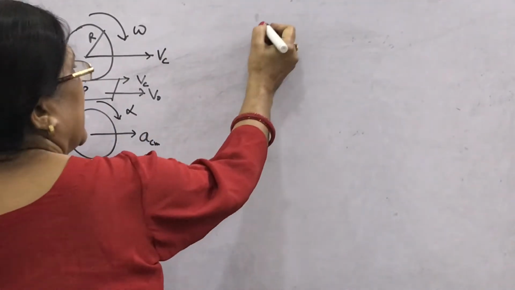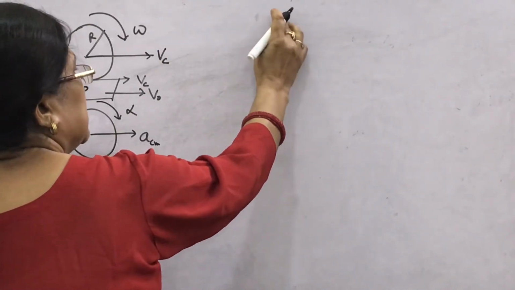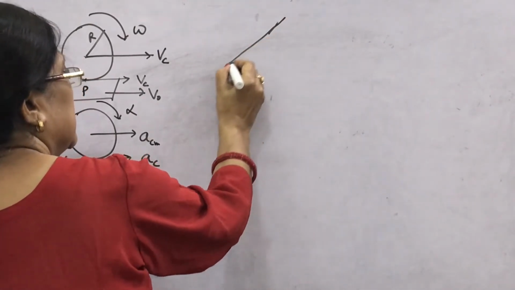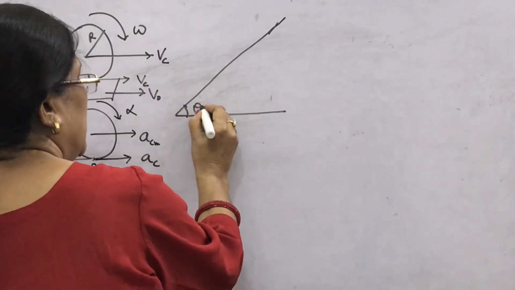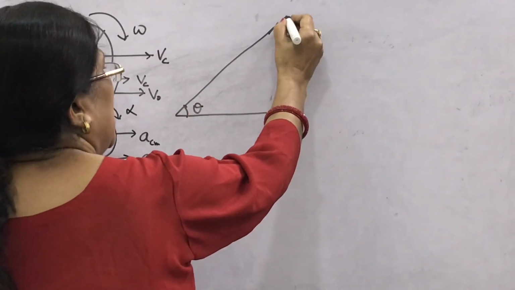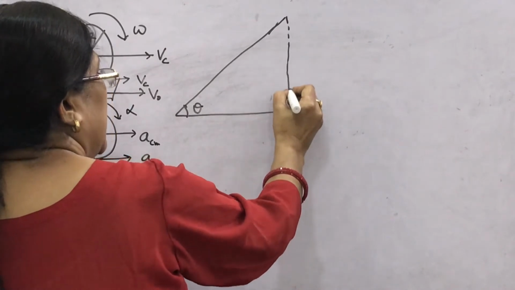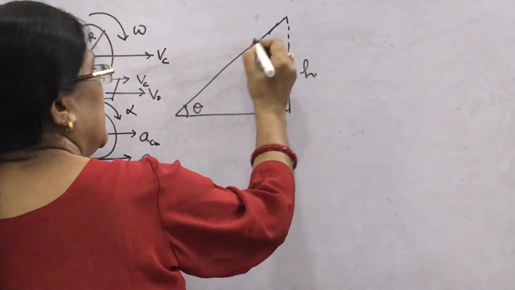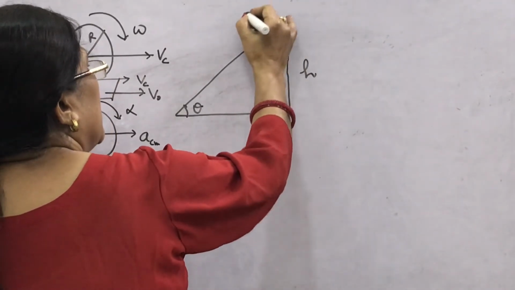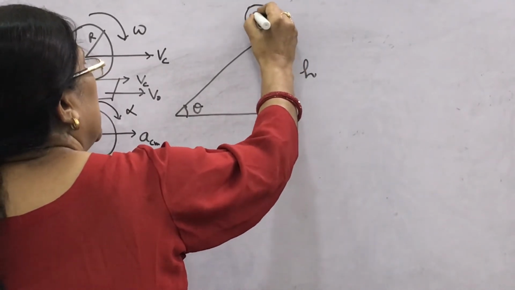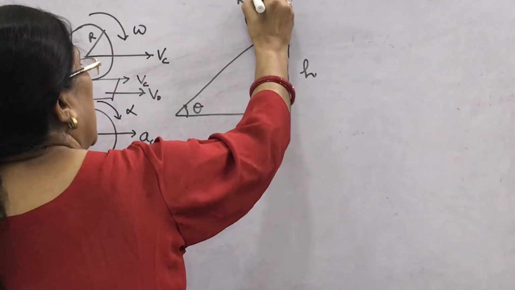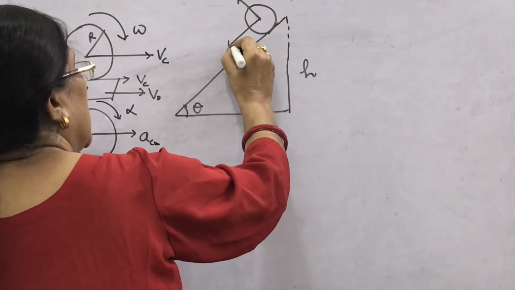The angle of inclination is this one, this is theta, to provide sufficient friction, and this is the height h.